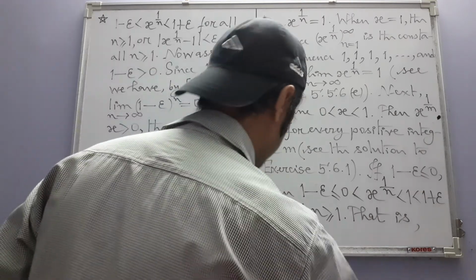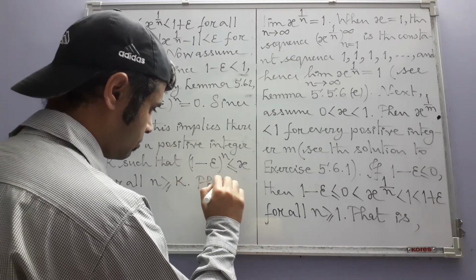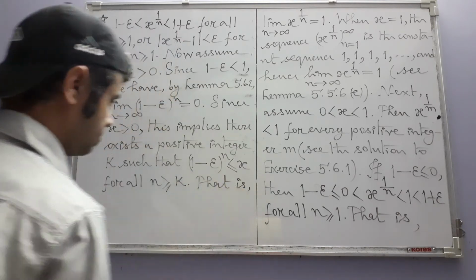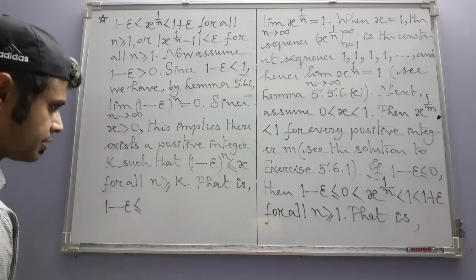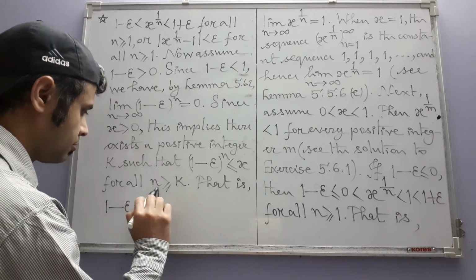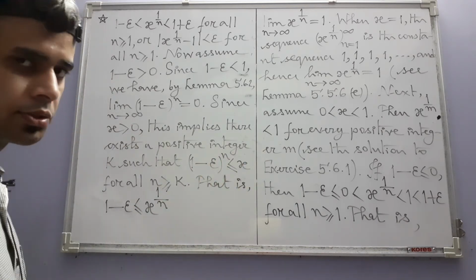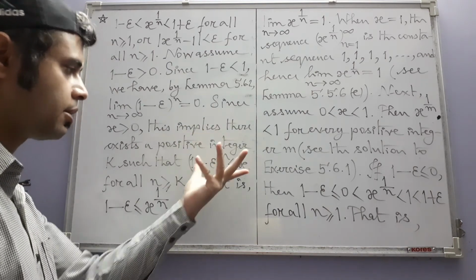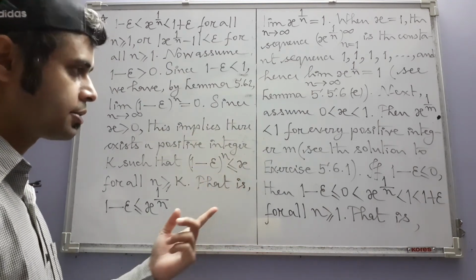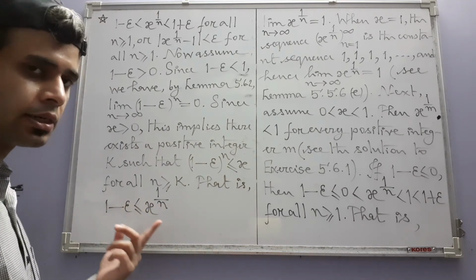That is, 1 minus epsilon is less than or equal to the nth root of x. Again, we take nth roots on both sides, because (1 minus epsilon) to the power n and x are both positive, so the nth roots also follow such an inequality.